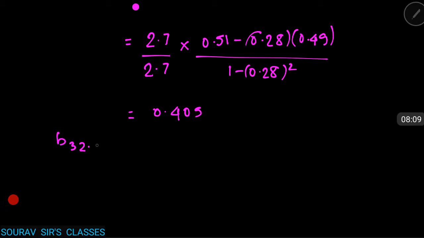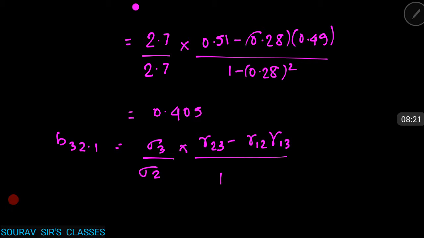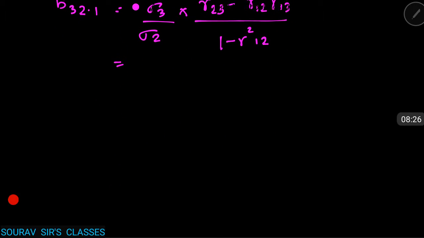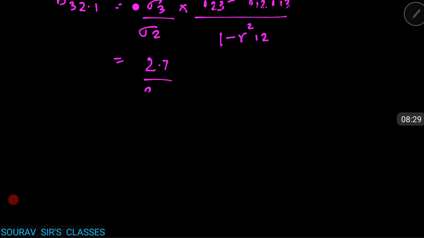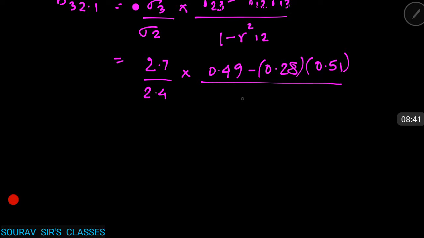And b32.1 is equal to sigma 3 divided by sigma 2 into r23 minus r12 into r13 divided by 1 minus r square 12, which is equal to 2.7 divided by 2.4 into 0.49 minus 0.28 into 0.51 divided by 1 minus 0.28 whole square, which is equal to 0.424.